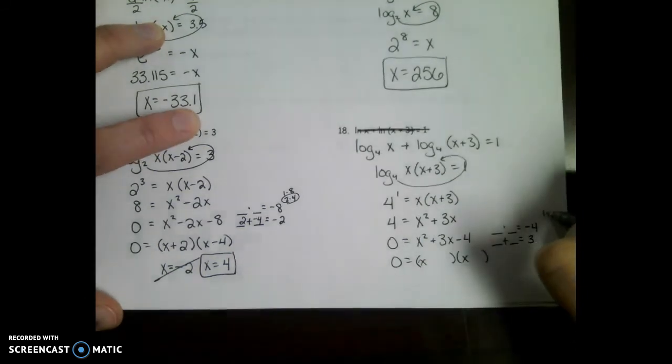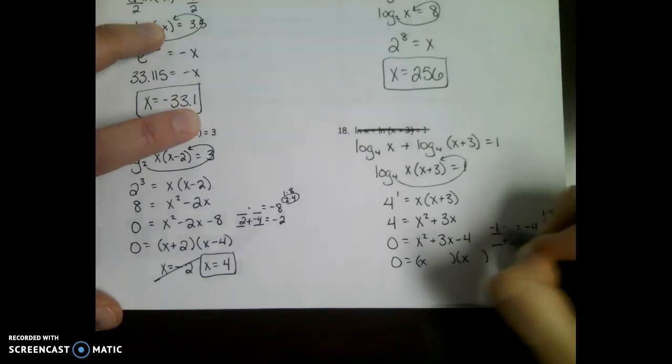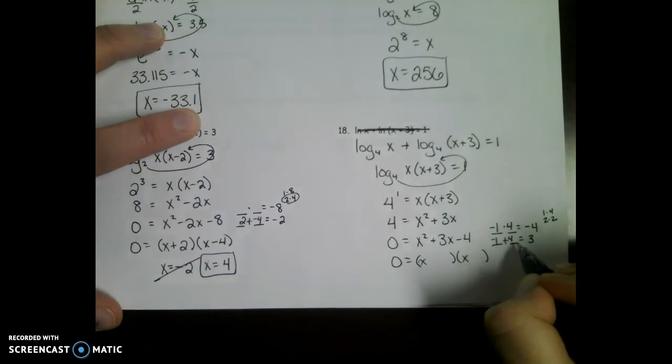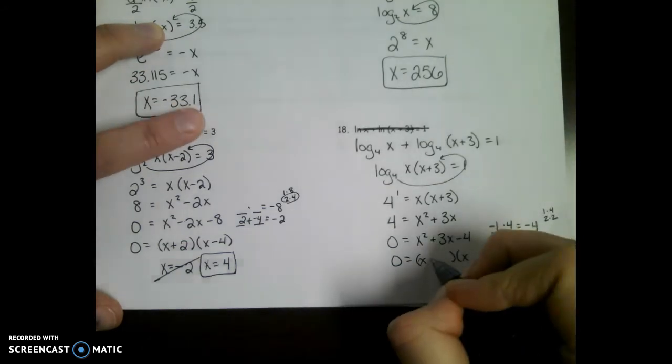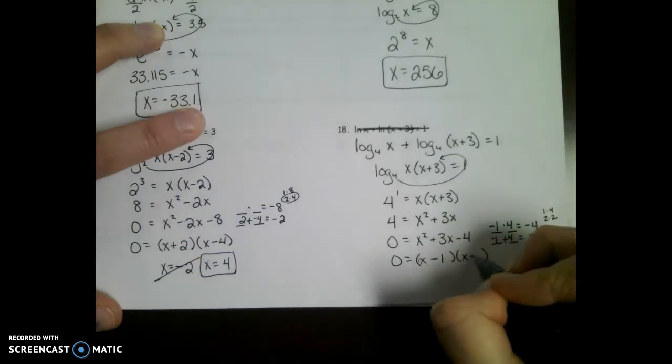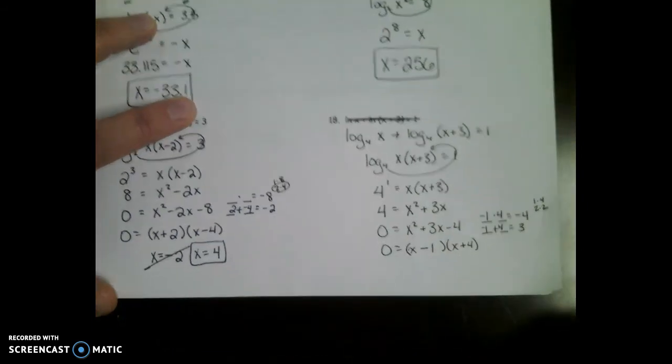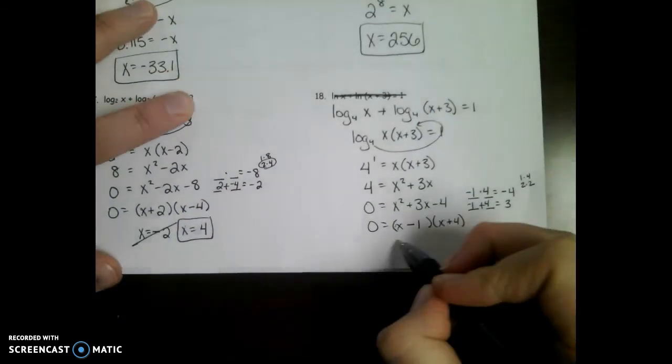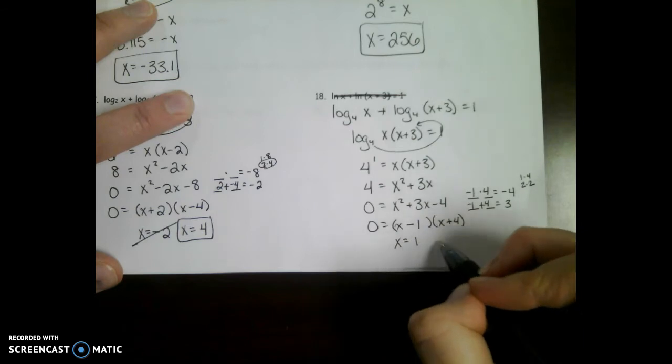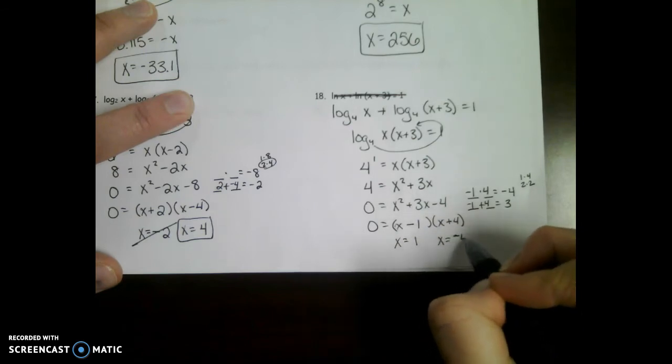The only ways to multiply to get 4 are 1 times 4 and 2 times 2. If I had a -1 and a +4, that would fit that scenario. So x minus 1 and x plus 4. Now solve. Our x values would be +1 and -4.